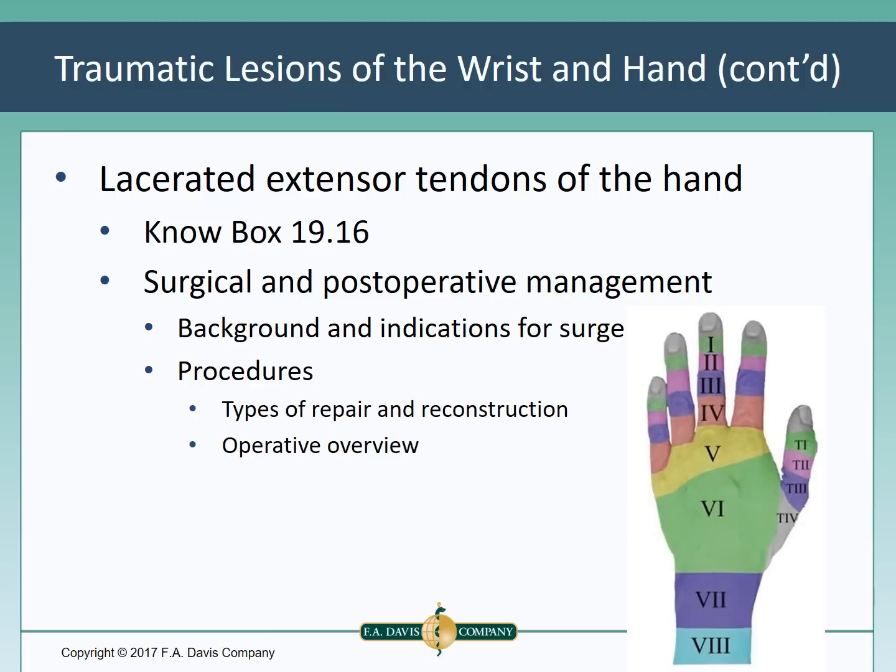The extensor tendons are thinner and flatter than the flexors, so they become easier to rupture. But there are so many back there, and we don't grip a lot from the back side, so it's just considered less serious than the flexor side.